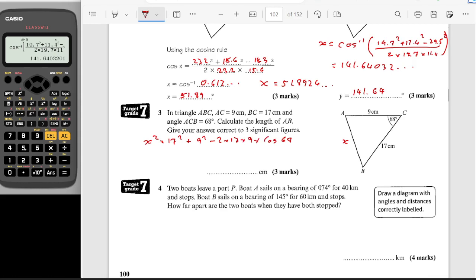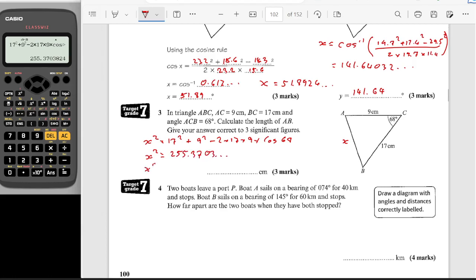So X squared is going to be equal to 17 squared plus 9 squared minus 2 times 17 times 9 times cos of the angle 68, and assuming I've typed that in correctly, we get 255.3703 dot dot dot.